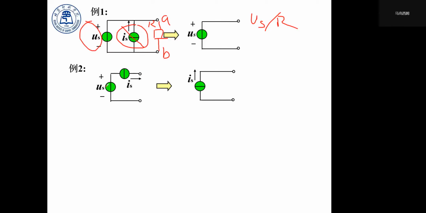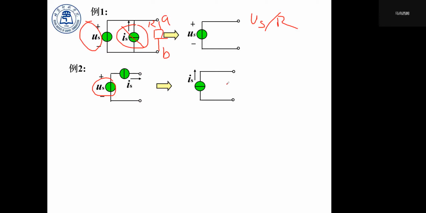So this voltage source seems to be redundant, so we just reduce it. By using the series and parallel connections of voltage and current sources, we can simplify the circuit.